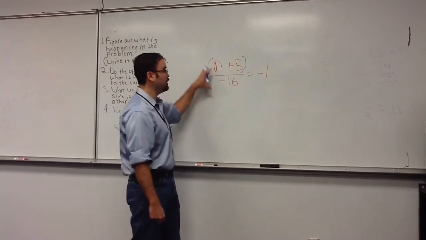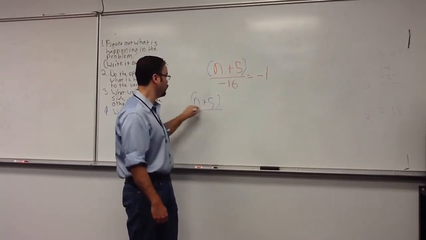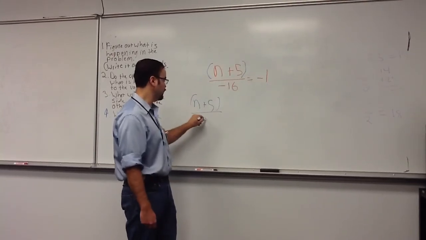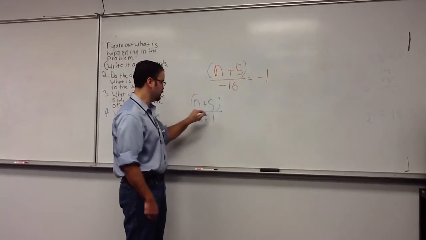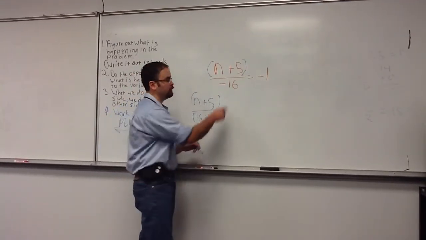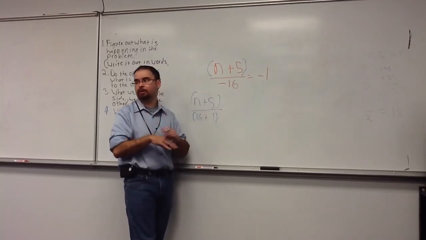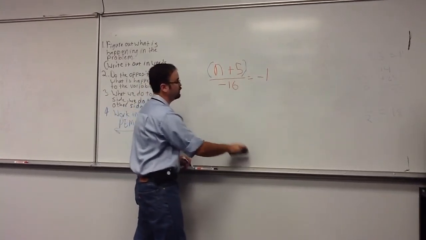But if there had been more, so if it had been n plus 5 over 16 plus 1, for example, there, again, there are parentheses. Okay? But because here there's only one item, we don't need to worry about it.